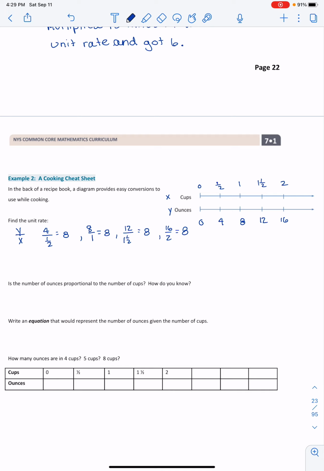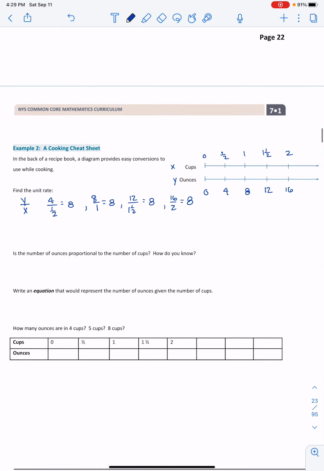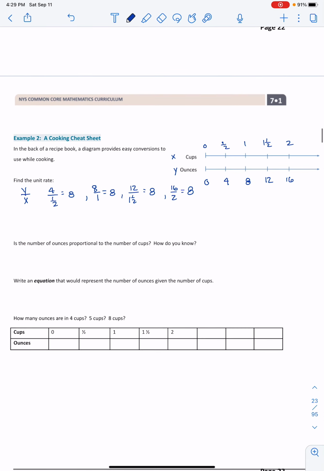But because these are the same numbers, you can have a constant of proportionality, which is your unit rate, and you can write an equation, okay? So now it says, is the number of ounces proportional to the number of cups?